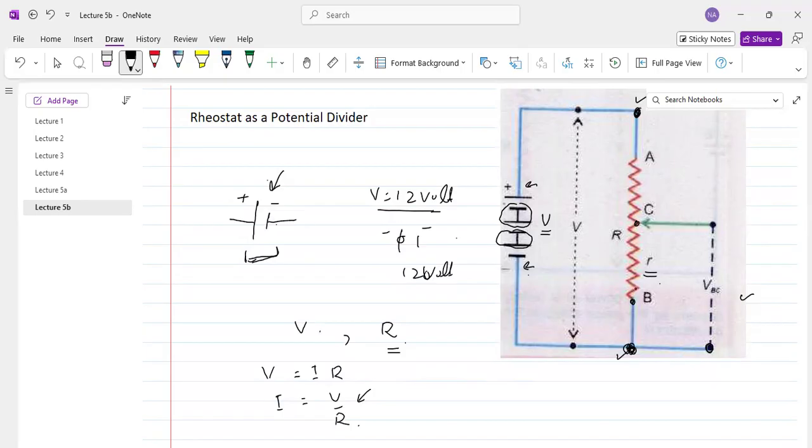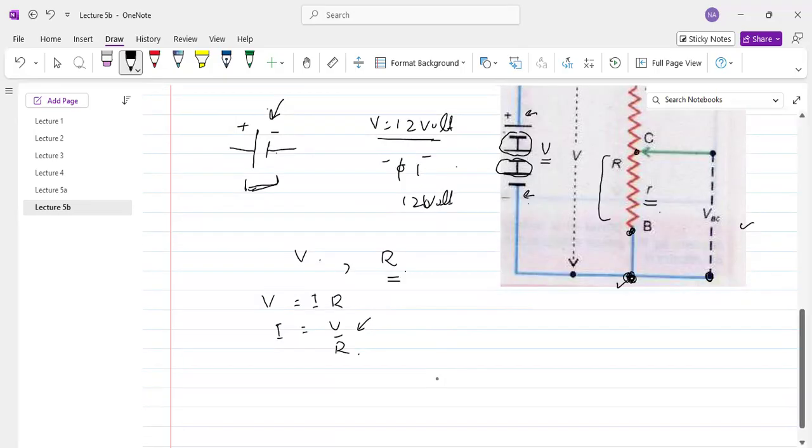Since the same current which passes through the whole resistance also passes through this part of the resistance, for this part we can also write Ohm's law.